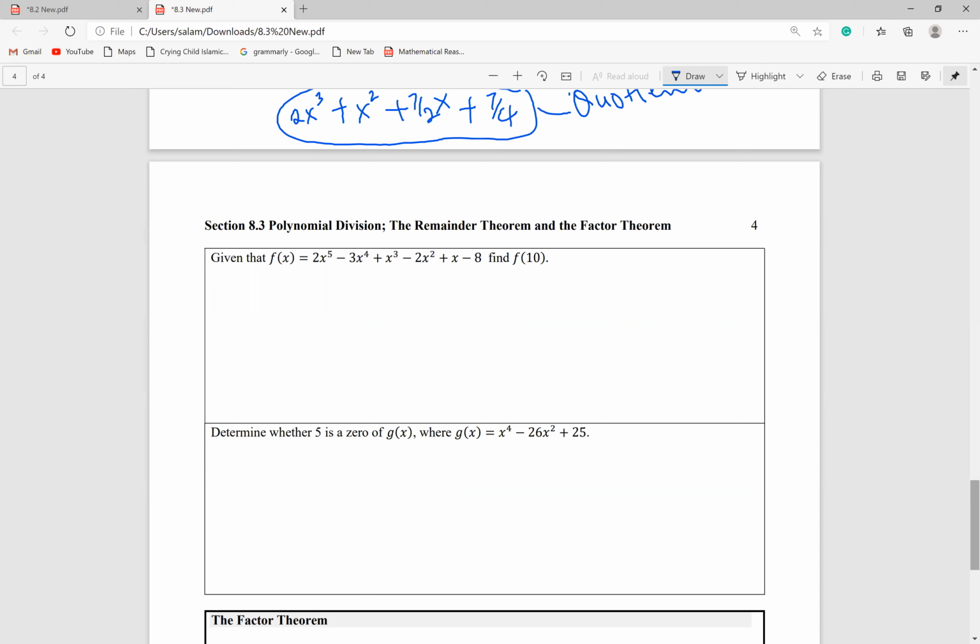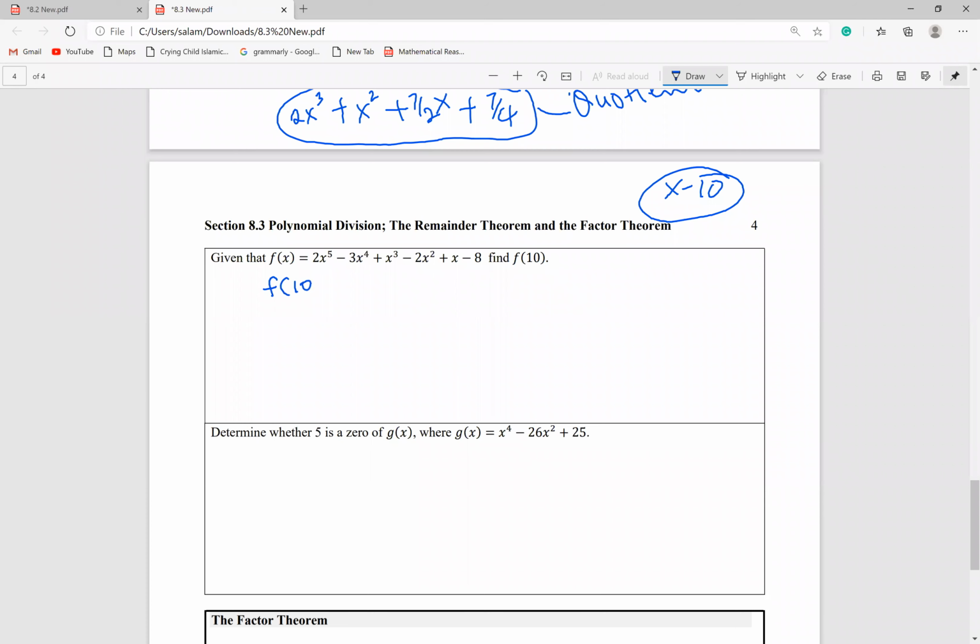If you remember, this is your C, which is dividing by x minus 10. When you divide this polynomial by x minus 10, the remainder is the same thing as f of 10.